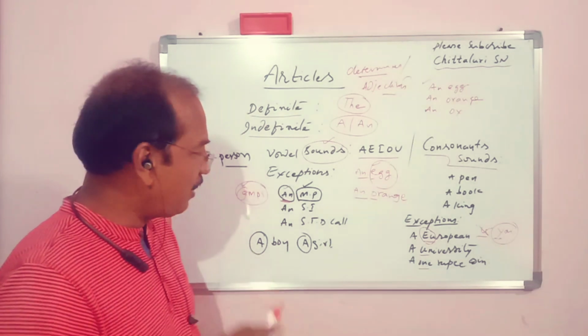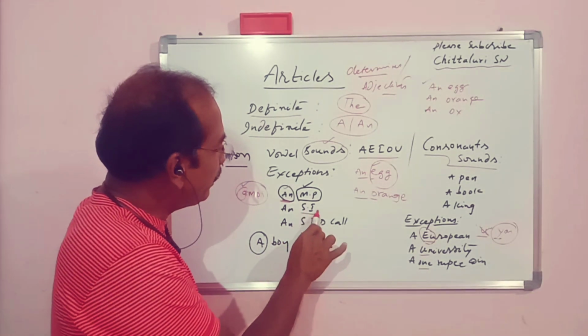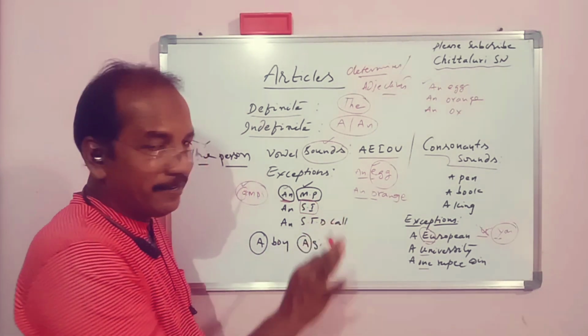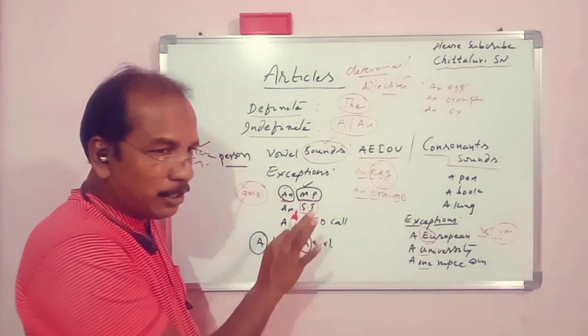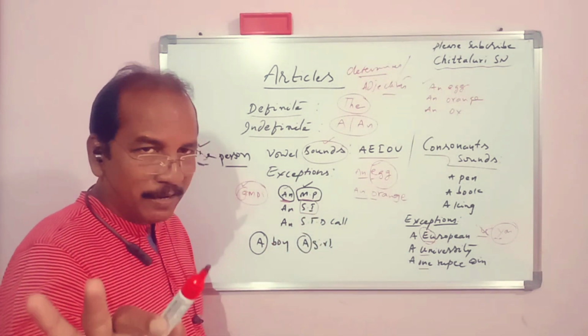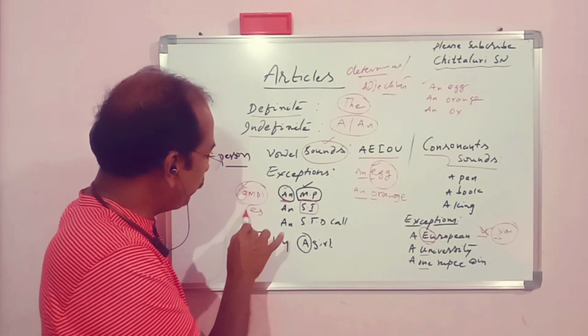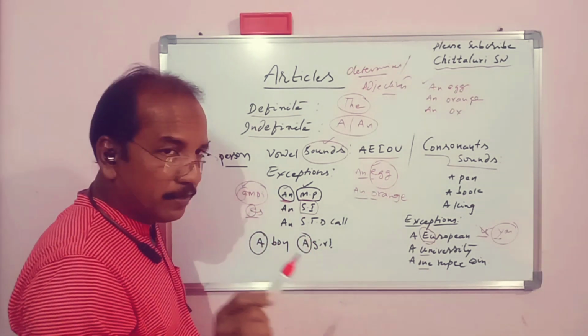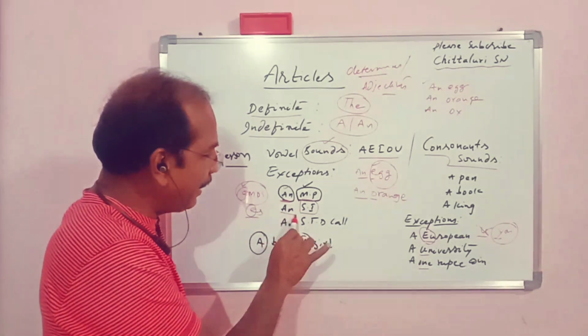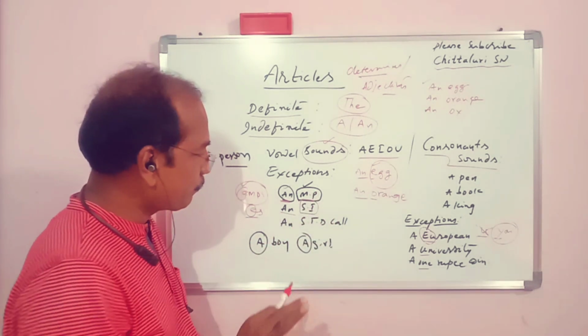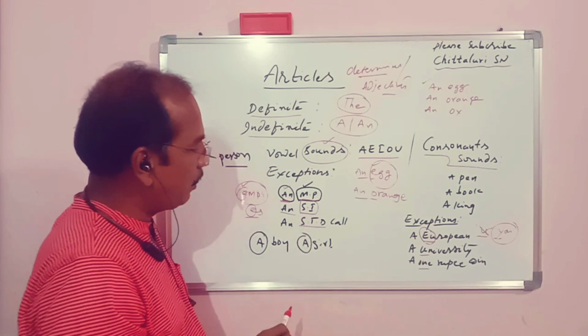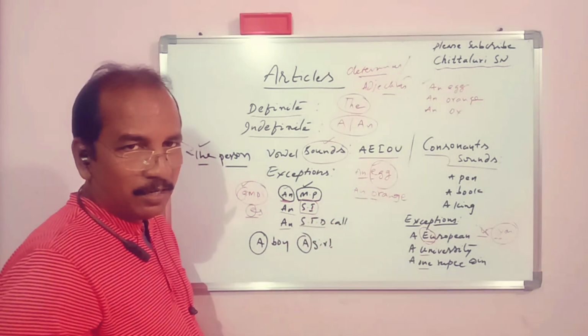Is it clear, friends? Coming to this, SI is there. Before this also, S is a consonant, but the sound is "es", an E sound, which is a vowel sound. That's why we should use an SI. Likewise, an STD call.